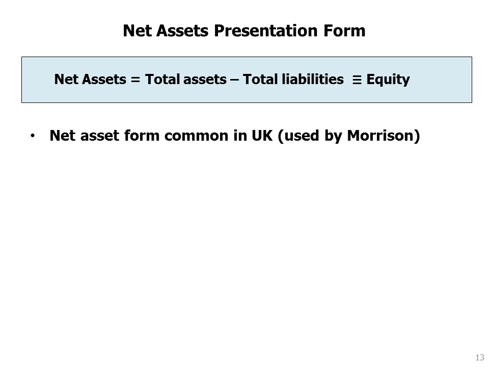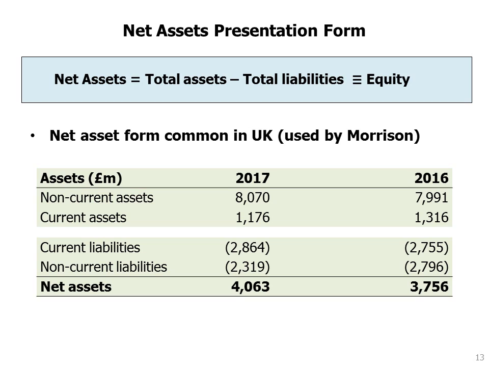It is a common form in the UK, and in fact it's used by Morrison when they report their balance sheet, rather than the vertical form I've illustrated. I've restated their balance sheet. So what does it actually report? If you go to their annual report and look at their financial statements, this is what you will see. Non-current assets followed by current assets, and then current liabilities represented as negative numbers.